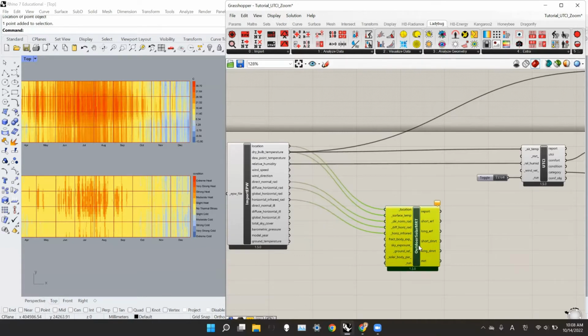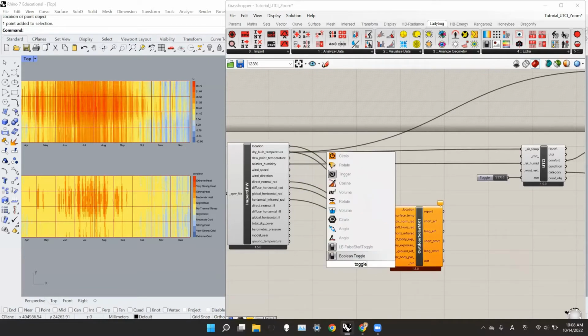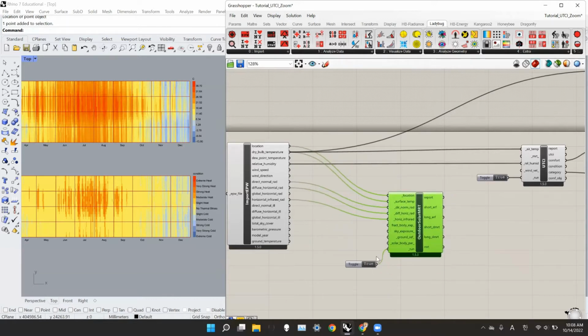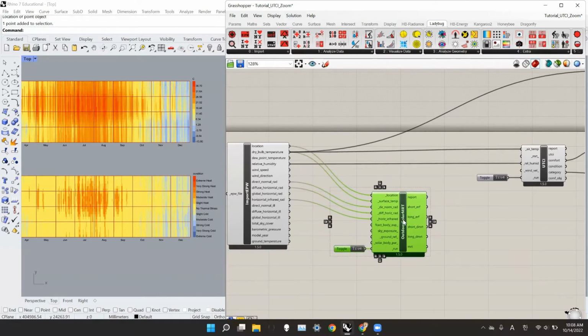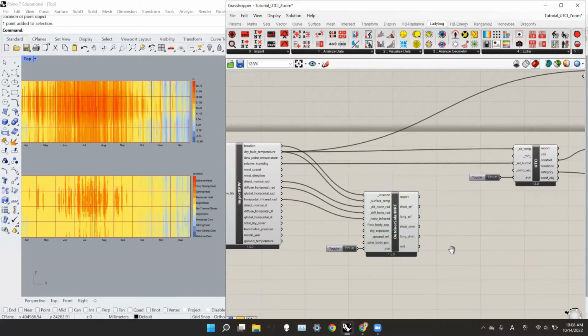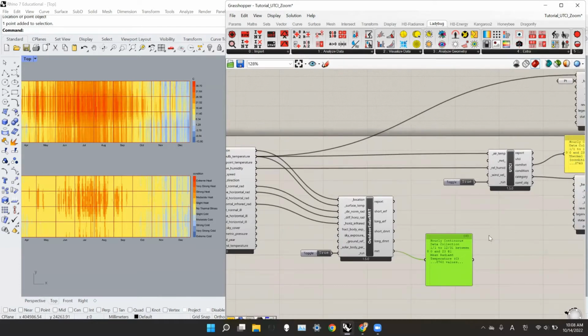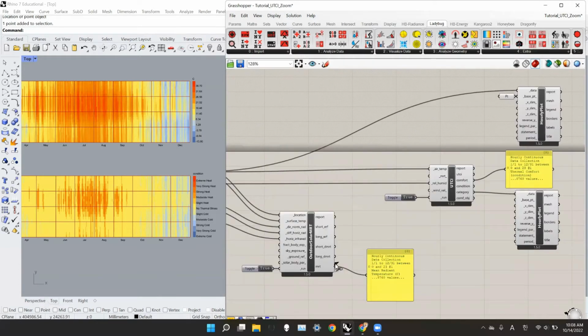This one here, and we need another toggle to do the analysis. Yes, so now it is in gray color. Okay, then let's see what the input is for mean radiant temperature. And yeah, this seems to be correct.